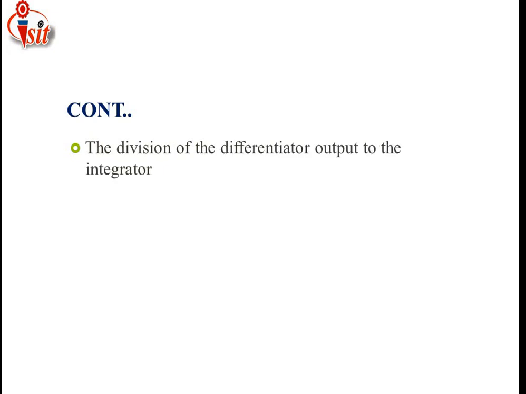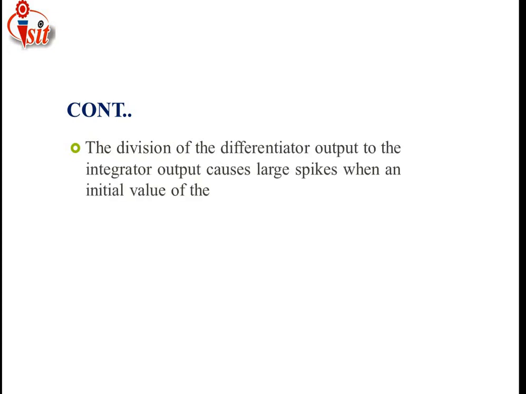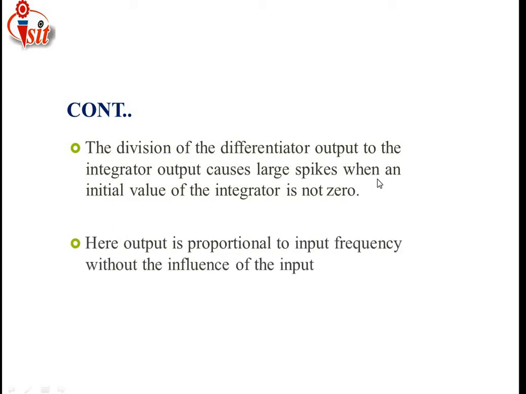Continuing, the division of the differentiator output by the integrator output causes a large spike when the initial value of the integrator is not zero. We know very well that the integral of any function is extended by adding a constant, mathematically plus c. Suppose we take the integration of x, how do we write it?